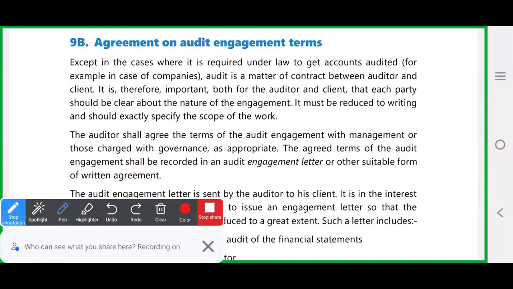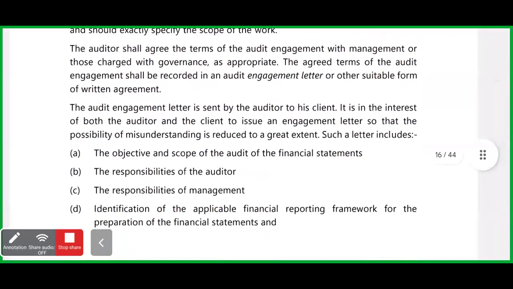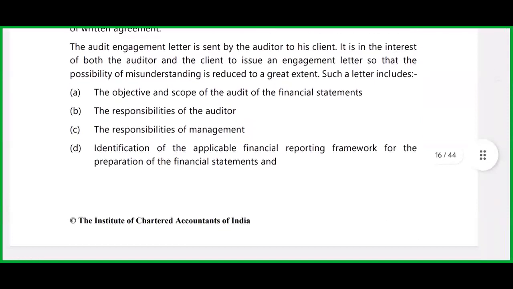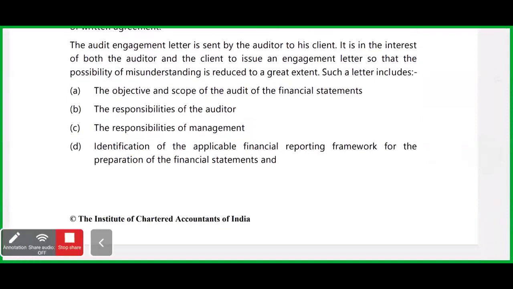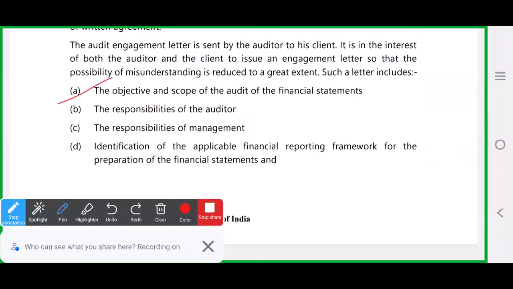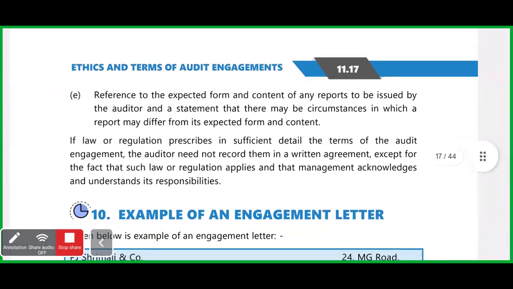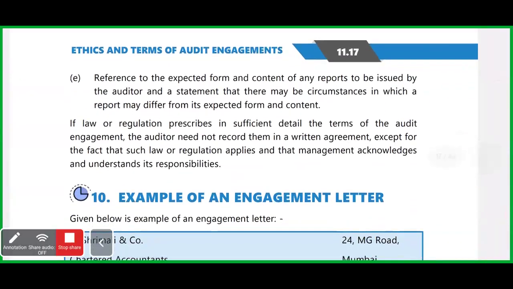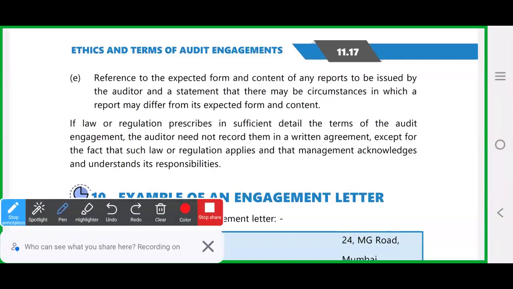Auditor shall agree upon the terms if it is clear that it is in a suitable form, and the auditor shall take a letter which includes the objective and scope of the audit, responsibilities of the auditor, responsibilities of management, and identification of the applicable FRF, that is Financial Reporting Framework. Also the reference to expected form and content of the report in which the audit report is required.